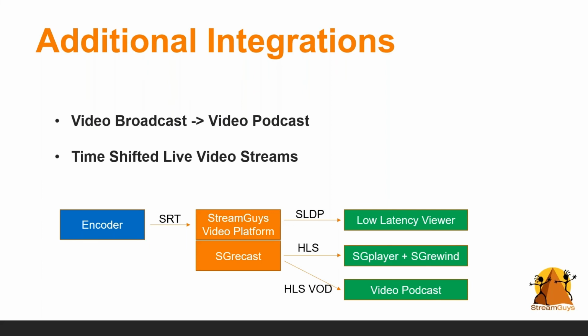This lets you automate video podcasting or automatically add video on demand content to your SG Player. And there's more. You could also create a time-shifted experience for your video stream using our SG Rewind integration.